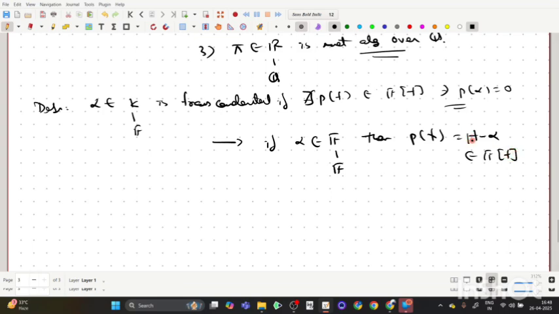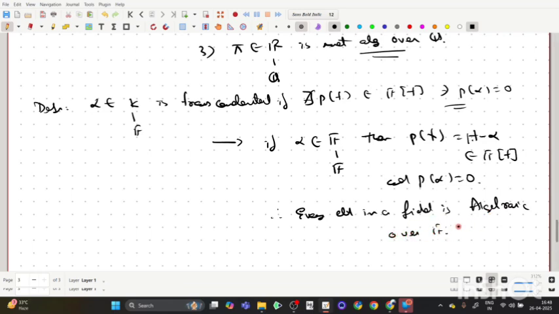Because this is just 1 times t, so 1 is in F and alpha is also in F by our assumption, and P(alpha) is 0. Therefore, every element in a field is algebraic over it. So to talk about transcendental numbers over an extension, we need to talk about only those numbers which are not in the underlying field, right? This is very clear.